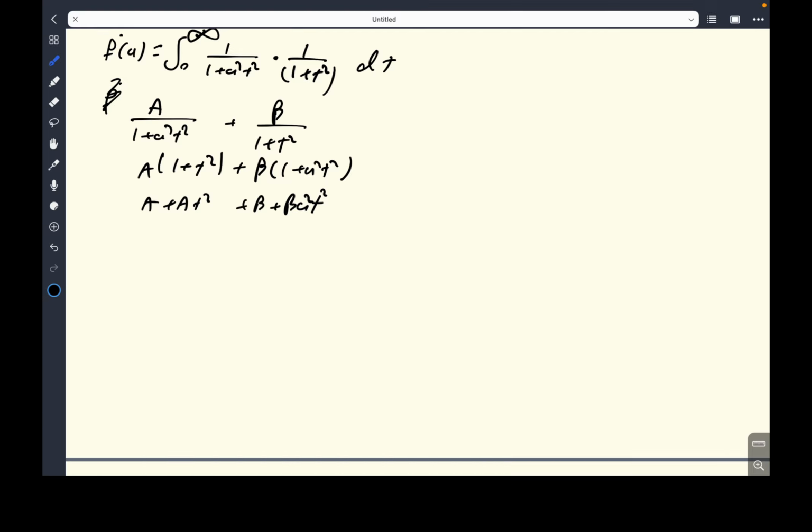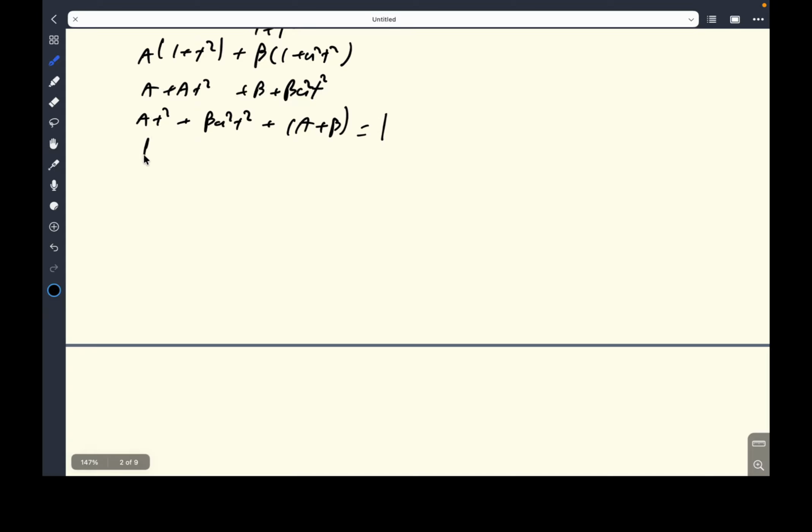If I collect the like terms, A t squared plus B a squared t squared plus A plus B, this whole thing should be equal to 1, because our whole thing here is equal to 1.